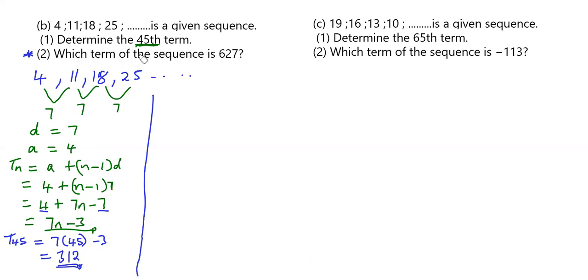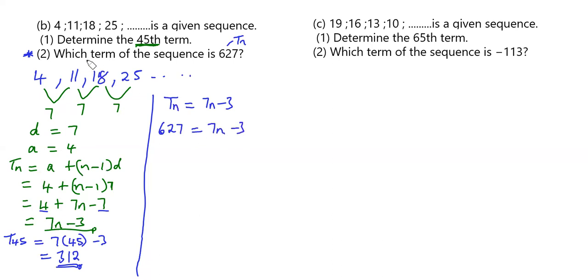Which term of the sequence is 627? Now what are we given here? We are given Tn. So we know the formula now, the general rule: Tn is equal to 7n minus 3.